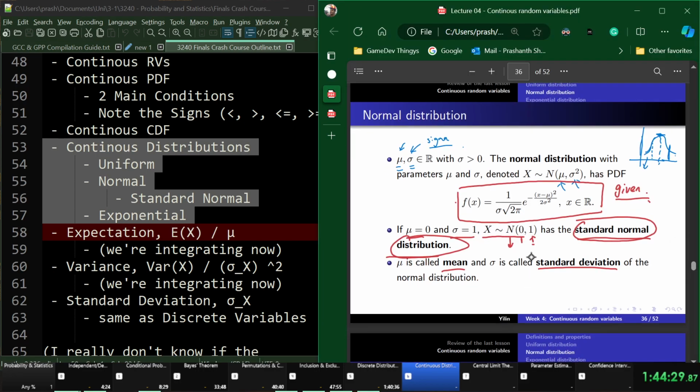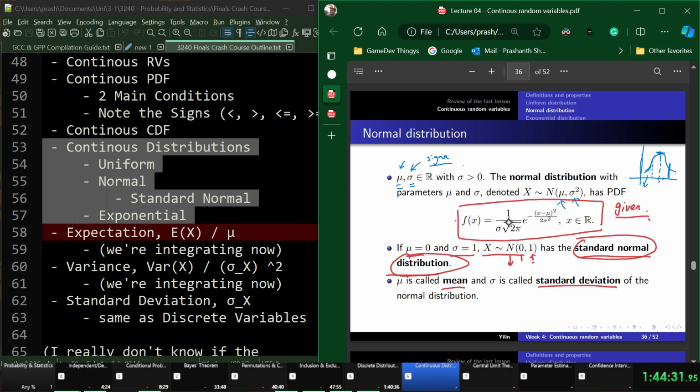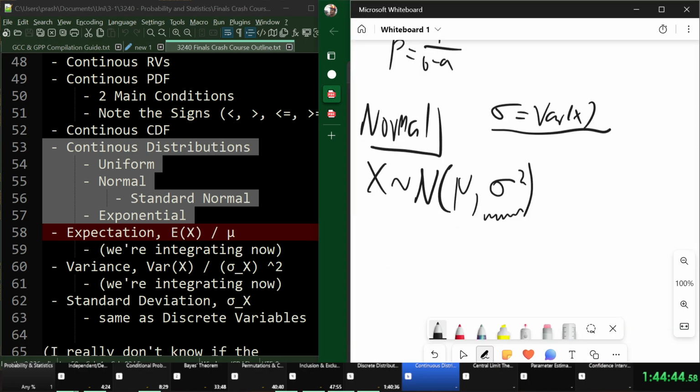And for the slides, all bell curves follow this kind of family of functions. There's no way we're going to be tested on this specific function. I don't even think she remembers this specific function. But this is how you get that shape of a bell curve. What's important to know is that this is any generic normal distribution, but there is a special version of this called the standard normal distribution.